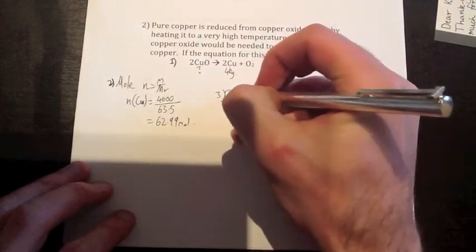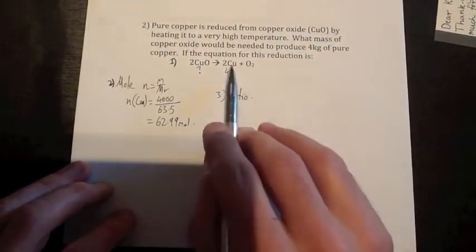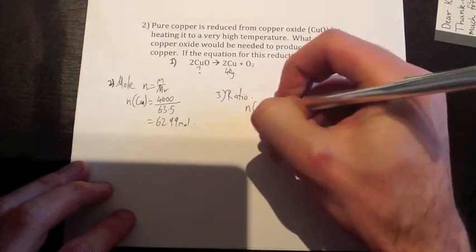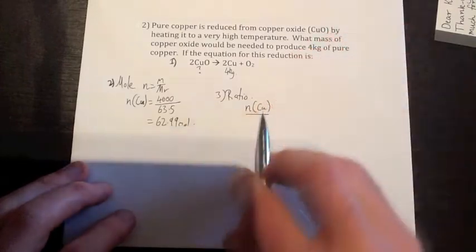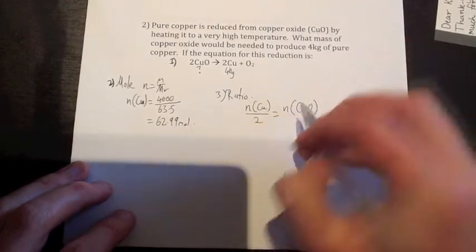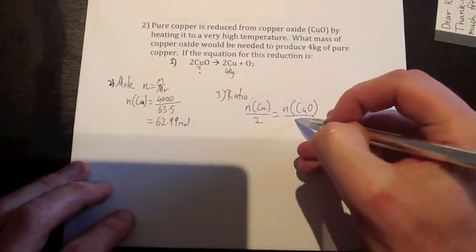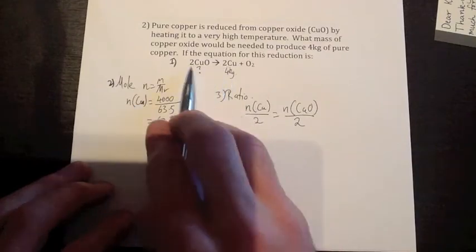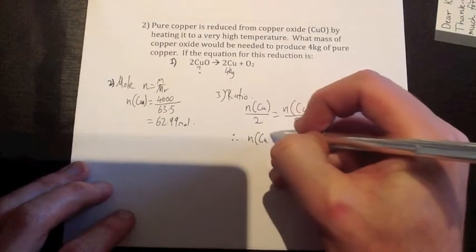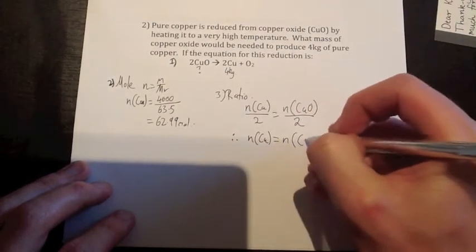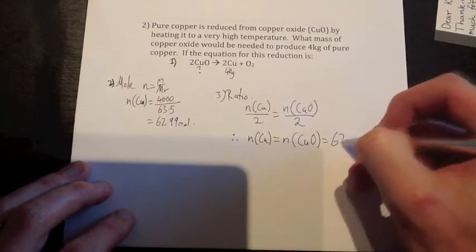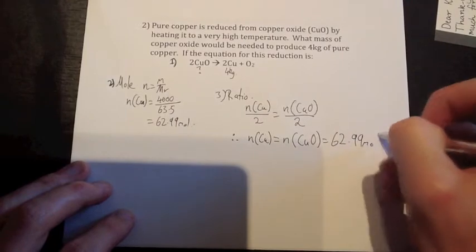Step 3 is our ratio question, where we know the number of moles of this. What's our number of moles of this going to be? So our number of moles of copper is known, divided by the coefficient, which is 2, equals number of moles of copper oxide divided by its coefficient of 2. Because our coefficients here are both 2, the number of moles of copper will be equal to the number of moles of copper oxide, which will be equal to 62.99 mole.